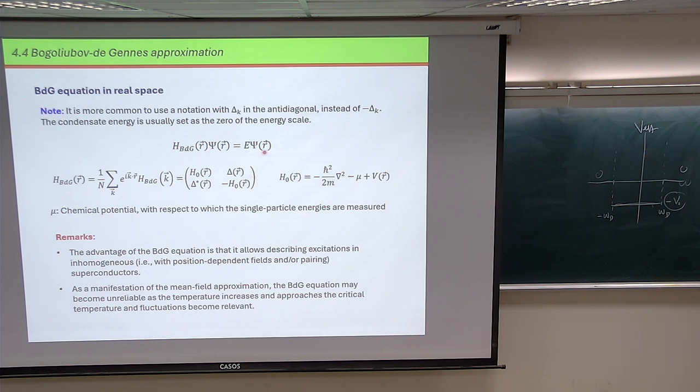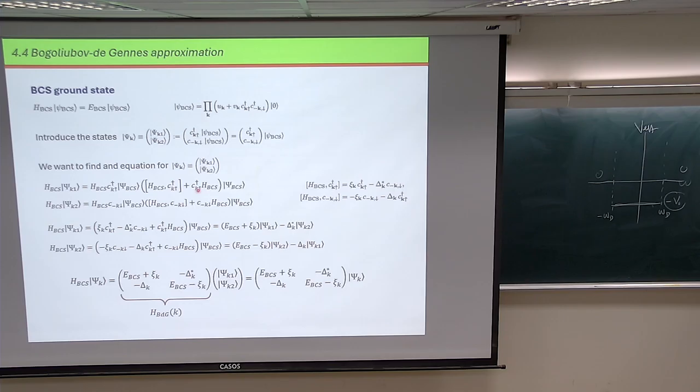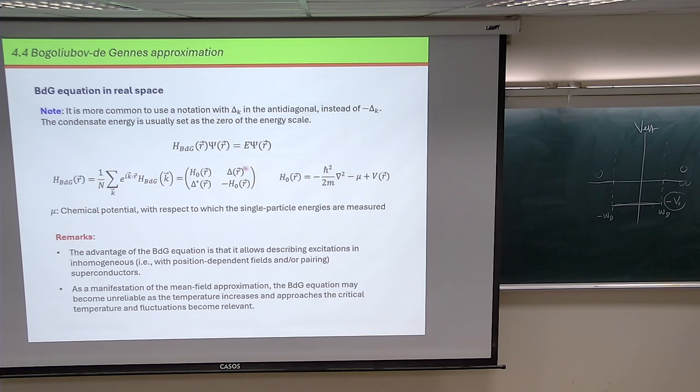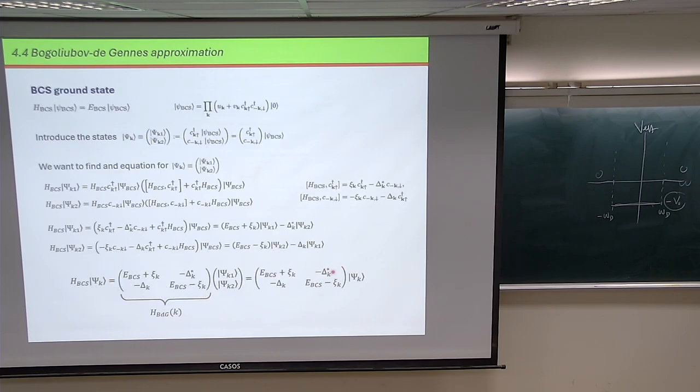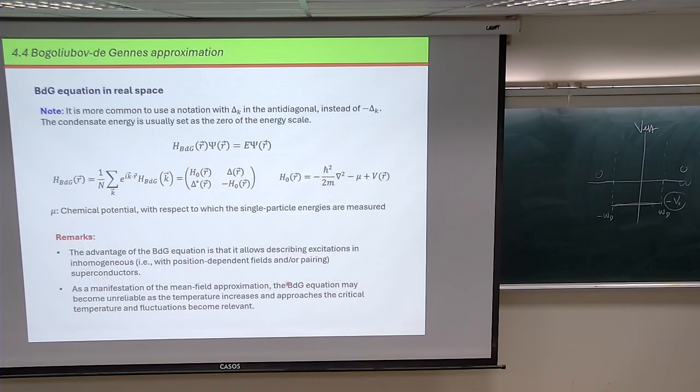And then I get an equation for the excitations in the superconductor that is in real space. Now, if you look here, I changed these deltas. Before I had minus delta and delta. And the reason is that in most books you will have this convention. So you may call this minus delta, I will call it delta, and then you have just this. It's just a different notation.